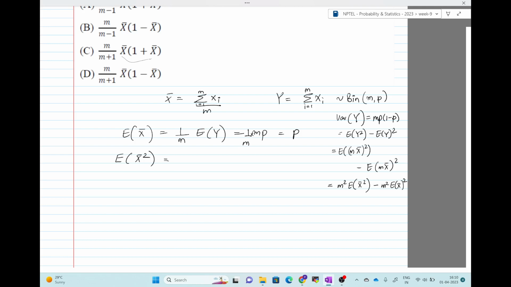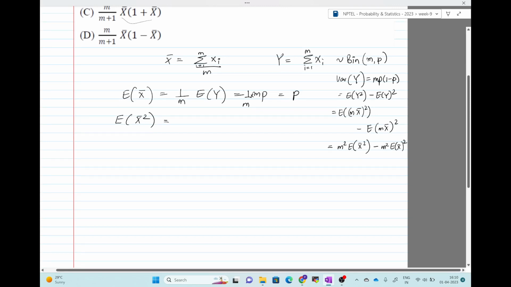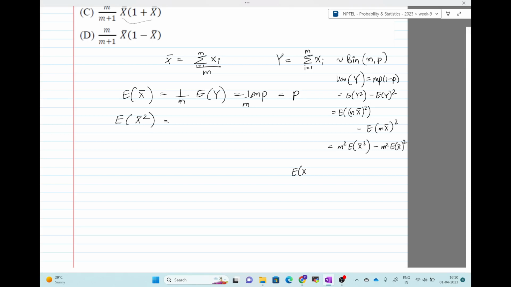What I want is the expected value of x bar square. So what I get is p(1 minus p) plus m square p square, divided by m square.